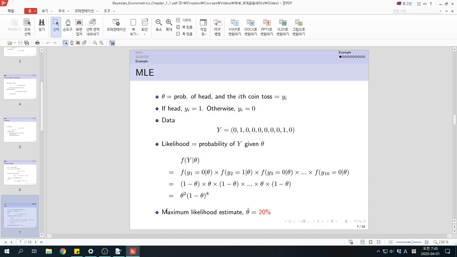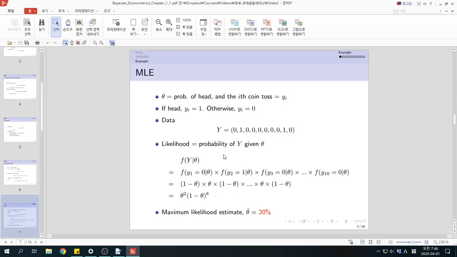According to maximum likelihood estimation, this 0.2 is the best guess we can have, because this particular value maximizes the likelihood that these outcomes were generated from this particular Bernoulli distribution. So this is maximum likelihood estimation.